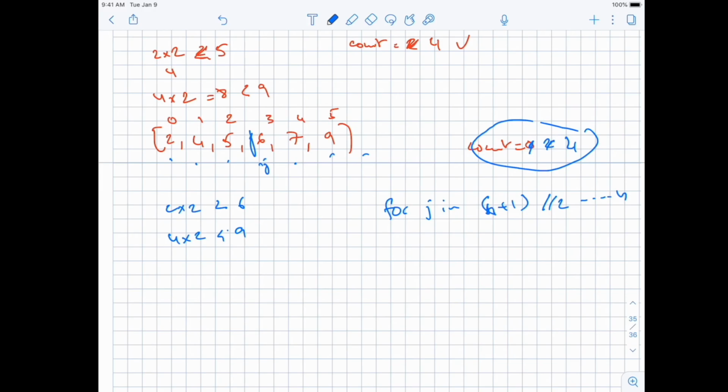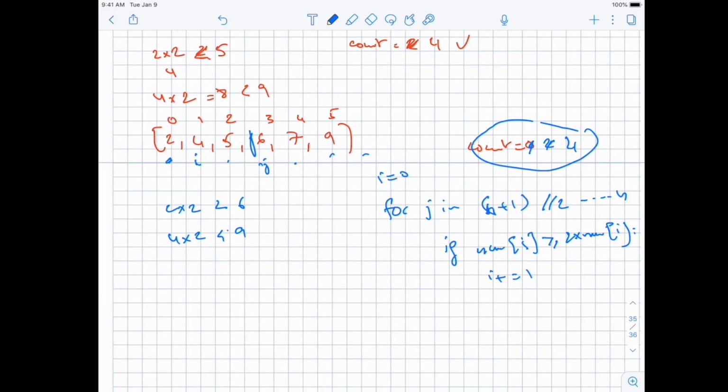And then only if the number in j is bigger or equal, right, to 2 multiplied by the number at I, which starts out as 0. Only if that's the case do we move I, right? So here we find that 2 multiplied by 2 is smaller than 6.